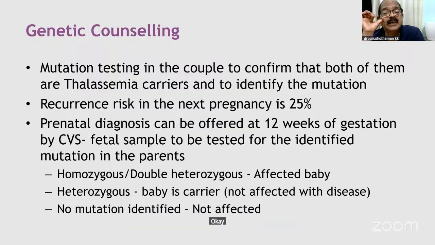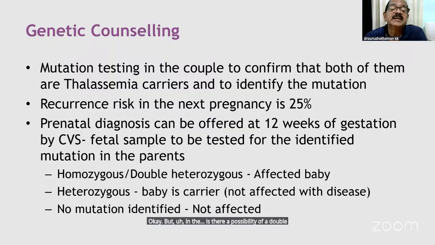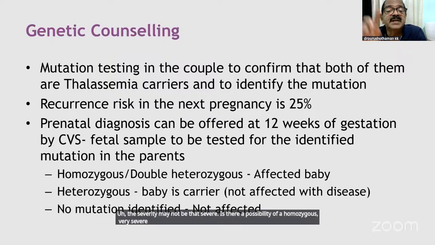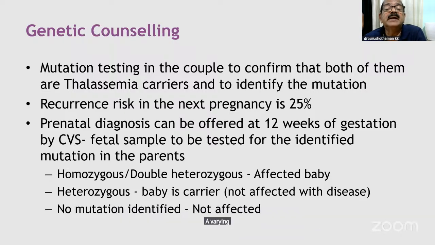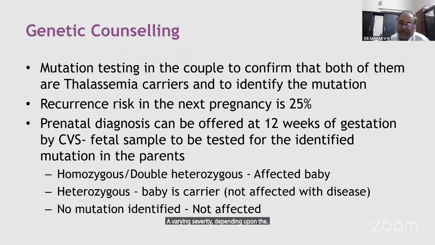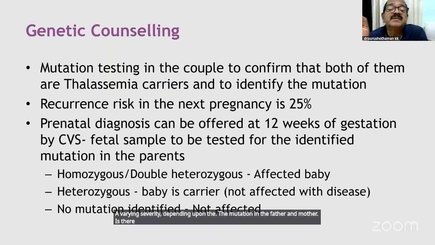But is there a possibility that a double heterozygous may not be that severe? Is there a possibility of a homozygous very severe situation and a double heterozygous of varying severity depending upon the mutation effect, the mutation in the father and mother? Is there a possibility of some genetic mutations being less severe?